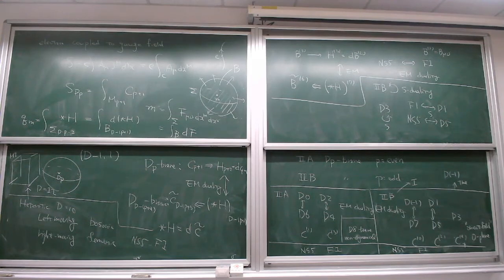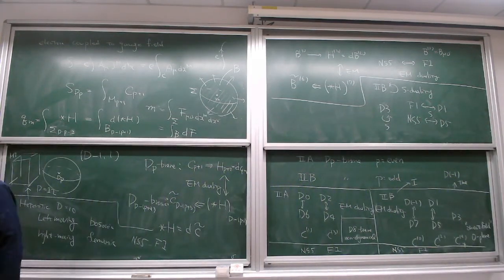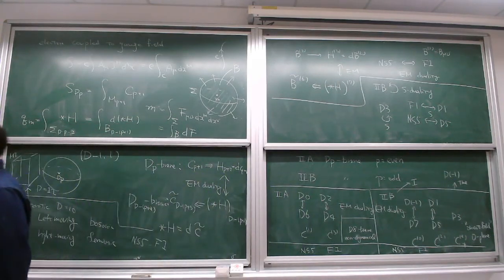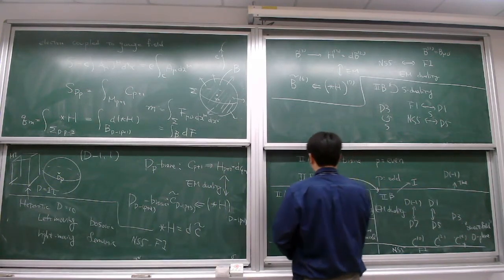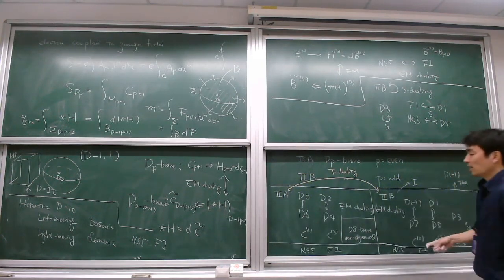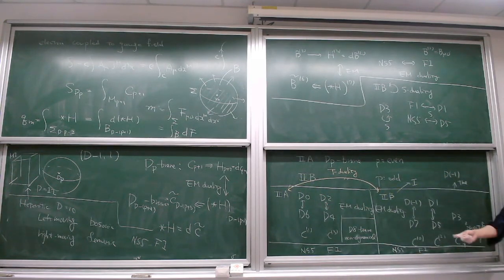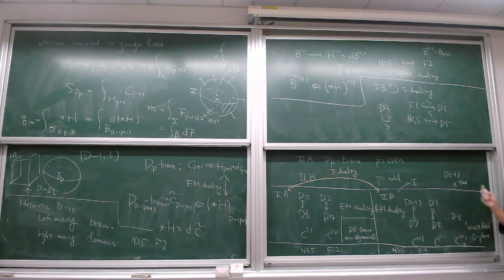Next we will learn T-duality. Once compactified on a circle, type 2A and type 2B are related by so-called T-duality. For instance, a D2 brane can sometimes become a D1, or a D3, under T-duality, depending on the direction. That's what we're going to learn.